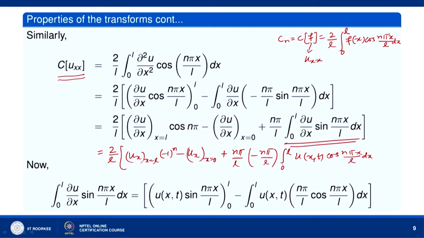And we know that 2 over L times the integral from 0 to L of f(x) cos(n pi x over L) dx is equal to C_n. So, the integral from 0 to L of u(x,t) cos(n pi x over L) dx equals L by 2 times C_u.